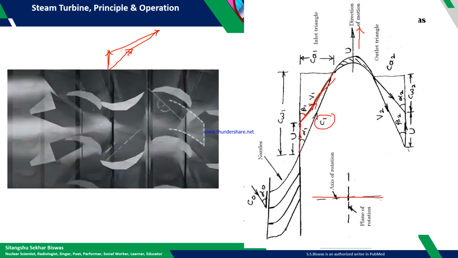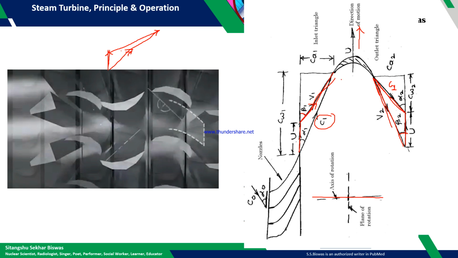While entering, and during exit, say the steam jet velocity is this one, and it is coming at this angle. This is V2, and this angle is beta 2, and U is in this direction. So in the opposite direction, this is the resultant, say this is C2.